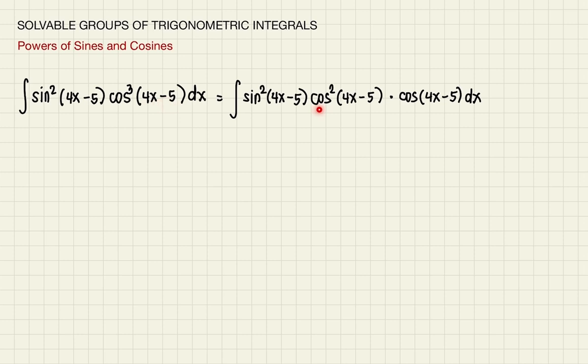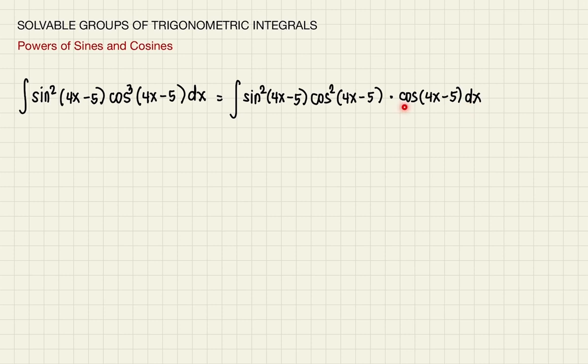Take note, if we multiply these two again, we get cosine cube of 4x minus 5. We are isolating this because we want to be able to use integration by simple substitution. So by isolating this, it should be our du later on when we perform substitution.